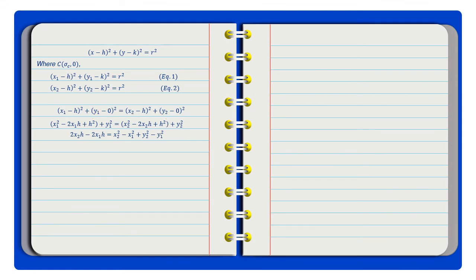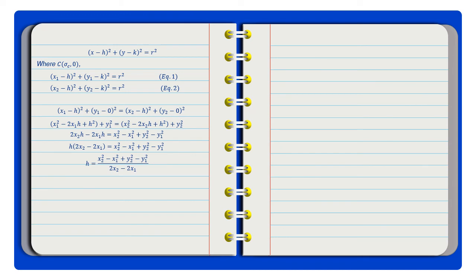So, they will cancel out. So, now we will have this term. So, ilabas natin yung h. So, we will have h times the quantity 2x sub 2 minus 2x sub 1 is equal to x sub 2 squared minus x sub 1 squared plus y sub 2 squared minus y sub 1 squared.